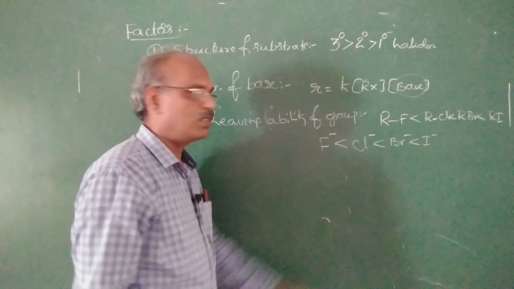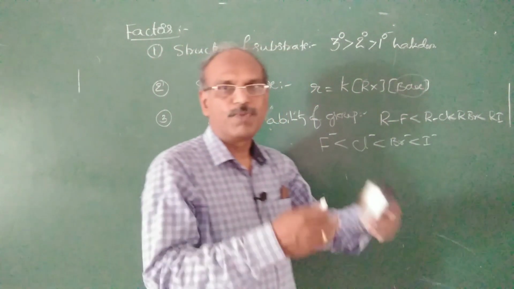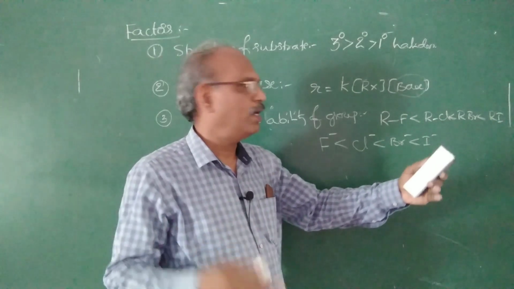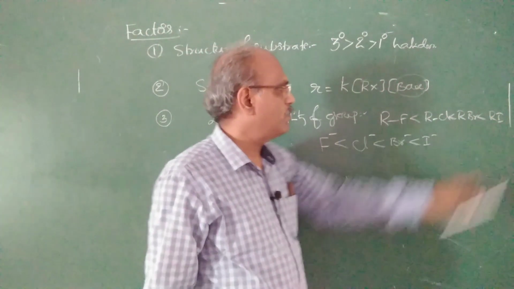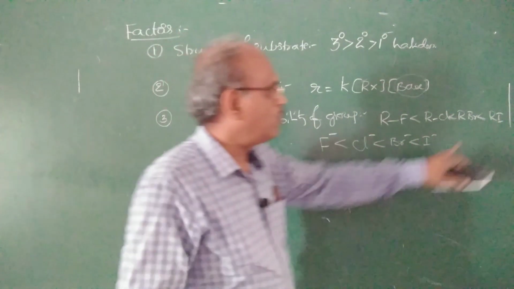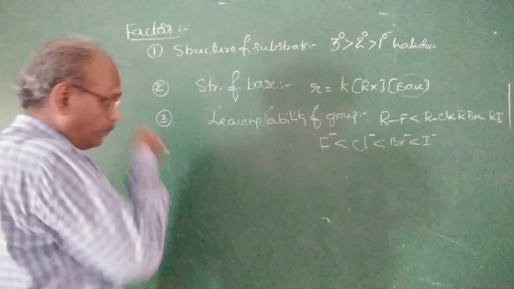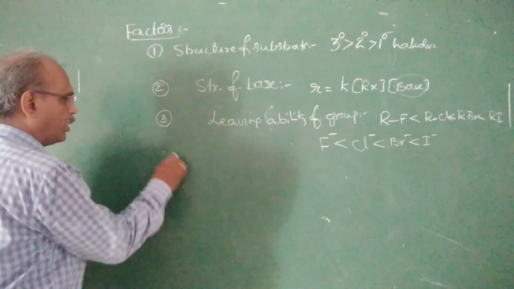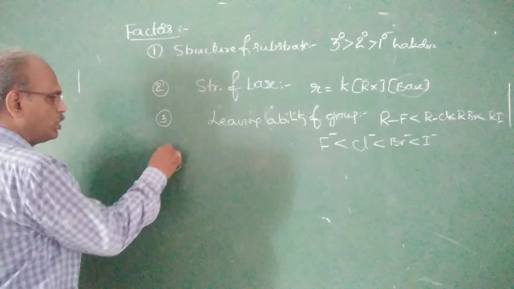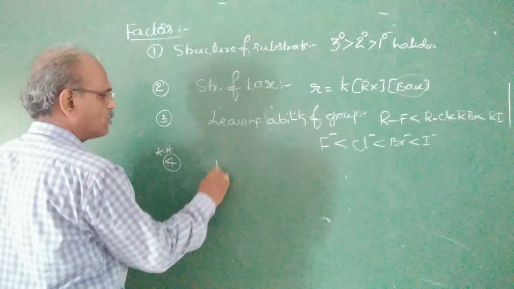The carbon-fluorine bond is strong; the carbon-iodine bond is weak due to longer bond length, so it can be broken easily. So iodide is a good leaving group, and it is the most reactive. Okay. Next and final one, and the most important factor, is the effect or nature of the solvent.